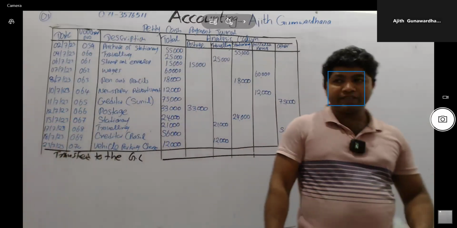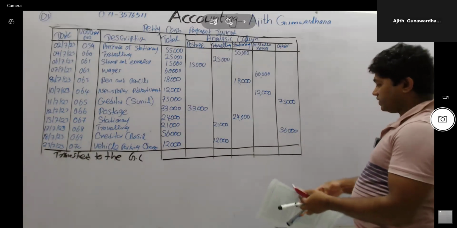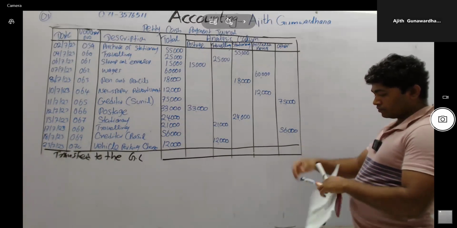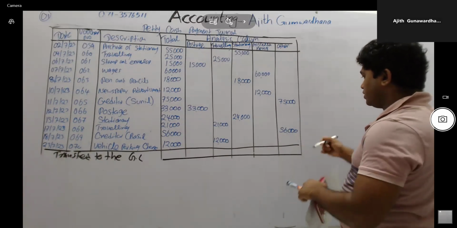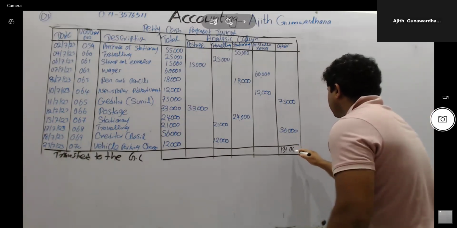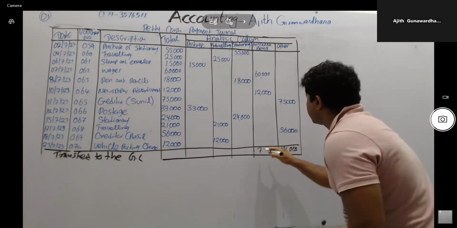The small amount of expense paid in cash should be recorded. Calculate the total value of each column. Therefore, here the total amount equals 131,000. Here 71,000, 72,000.